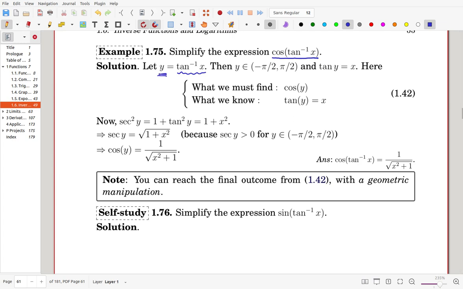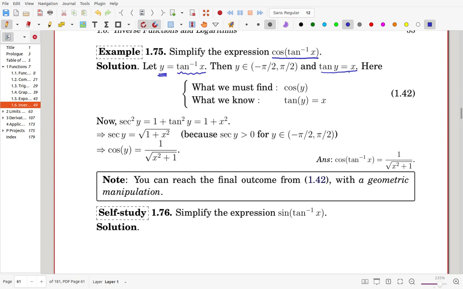We introduce another variable y. Then the inverse tangent function has range minus pi over 2 to pi over 2. And from the definition, this equality is the same as tangent y equals x.